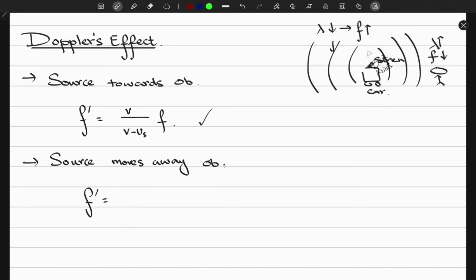Because if it's moving away, the wavelength of these sound waves would start increasing, and so the frequency would fall, and the apparent frequency would be less than the frequency of the sound waves. The expression would be v divided by v plus us, where again us is the speed of the source moving away from the observer, times the frequency f of the sound emitted by the source.